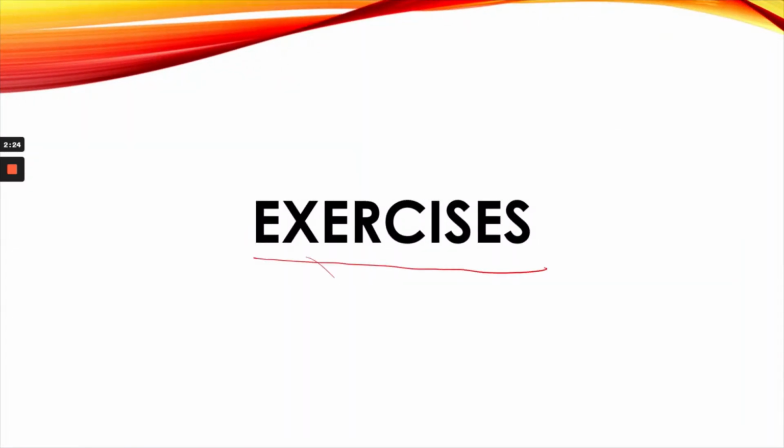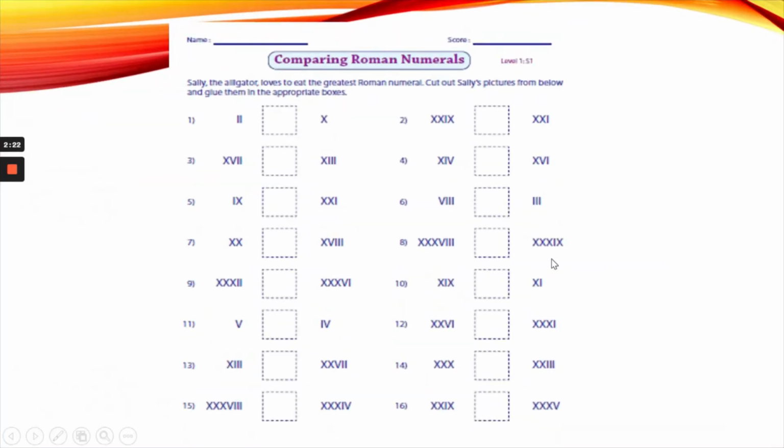We are going to do comparing Roman numbers now. We have to compare these Roman numbers. So what is this? This one is 10. This is 2. Which is the bigger one, 10 or 2? Of course the 10 is the bigger one. I will do 5, I will do 7, and after that you will do.